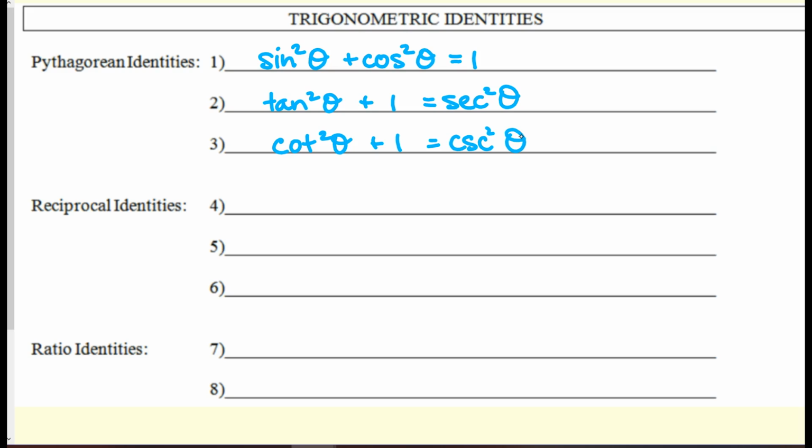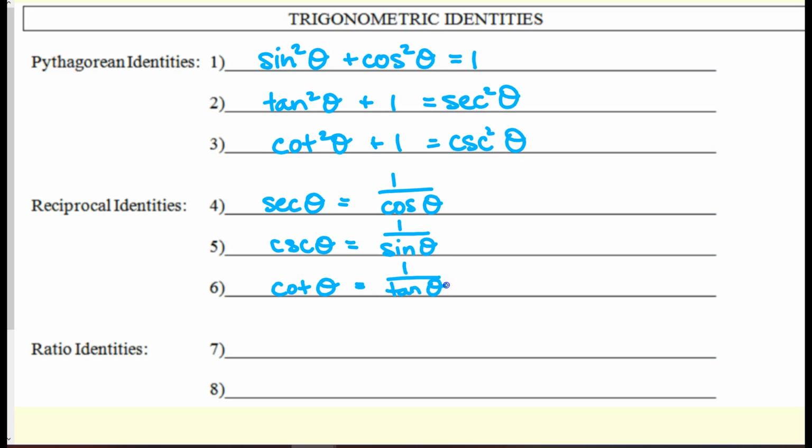Reciprocal identities, we have secant theta is the reciprocal of cosine, so 1 over cosine theta. We have cosecant theta is the reciprocal of sine, so that's 1 over sine theta. And then we have cotangent theta is the reciprocal of tangent. So we already talked about those a little bit when we were drawing those graphs.